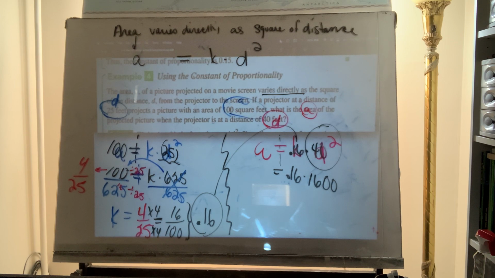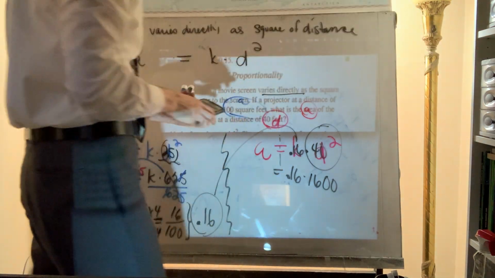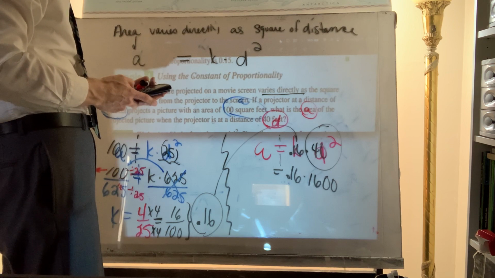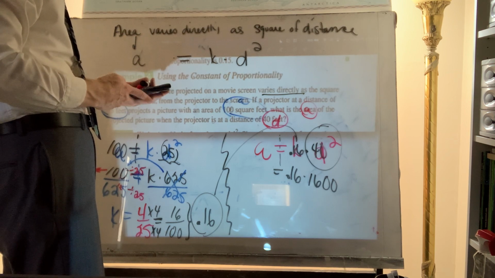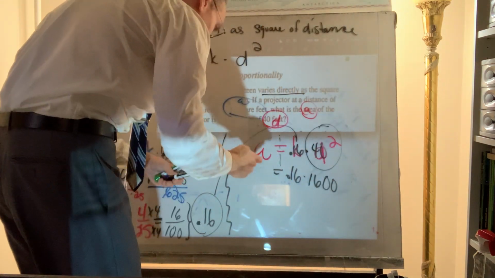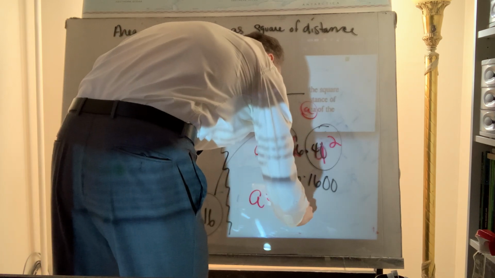I forget offhand, so I'm going to cheat. All right. Let's do 0.16 times 1600. You get 256. The area is equal to 256.